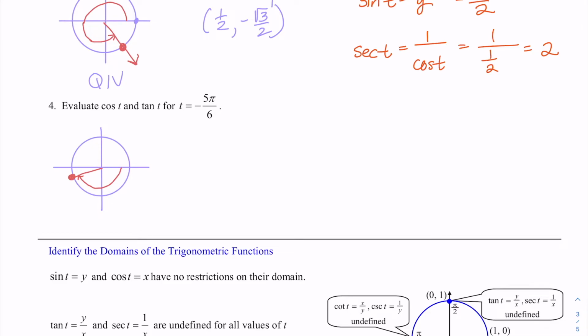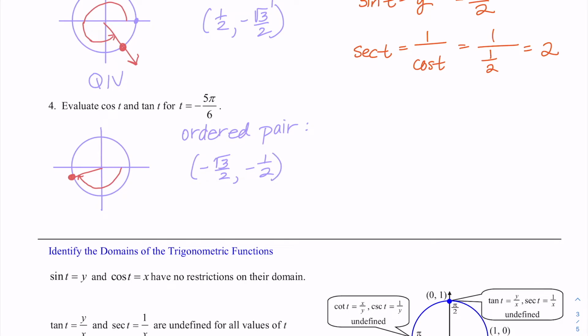Again, we have an ordered pair, and this time both of our coordinates are negative, so we have the opposite of √3 over 2 and the opposite of 1/2.